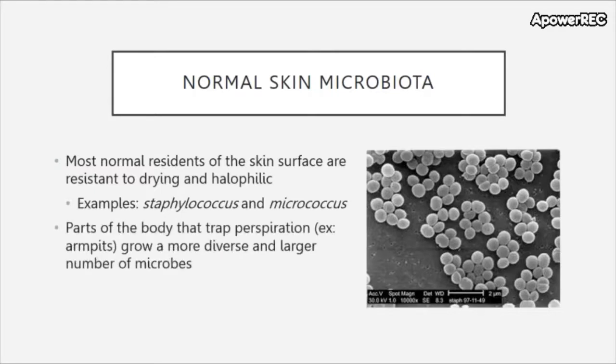You will find that parts of the body that trap perspiration, for example the armpits, allow a much wider array of microbes to grow, and therefore they tend to be more diverse in the number of microbes. And you will also find that certain microbes grow only or are restricted to growing on certain parts of the body. For example, hair follicles, where Cutibacterium grows.